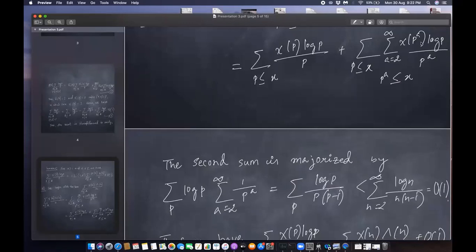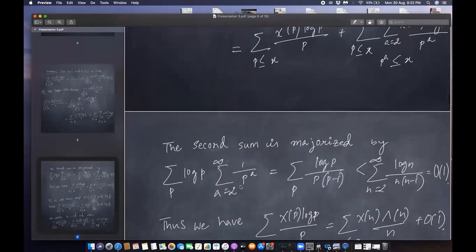So we can say that this sum is majorized like this. We take 1 in place of chi, take log p out, and consider this sum, which is an infinite geometric progression. So we know how to sum this.